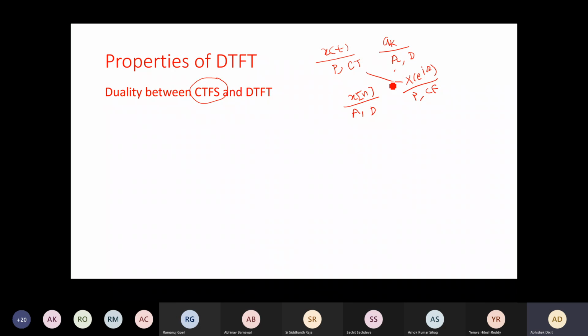So you know that there is some relationship between these two things, right? And there is a very strong duality between CTFS and DTFT. So I could have finished this lecture just by saying, because we have studied CTFS, DTFT is not required. Okay, let us see what is that duality.